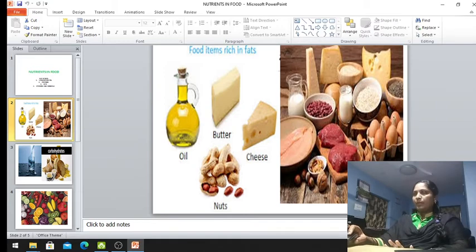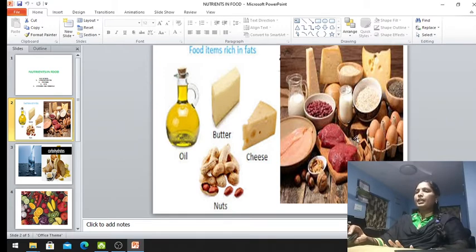At the same time, for proper growth according to your age, you must grow. To attain proper growth, proteins are compulsory. Growing children like you need more proteins in your daily food.